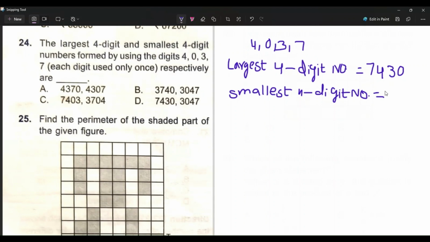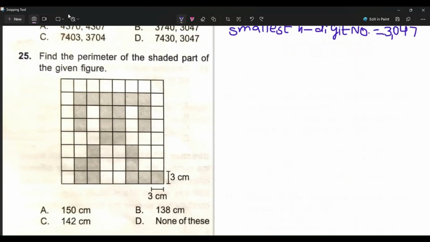So let's write the smallest number, 3, followed by 0, then 4, then 7. So largest 4-digit number is equal to 7,430. Smallest 4-digit number is equal to 3,047. So option D is the right answer, children.